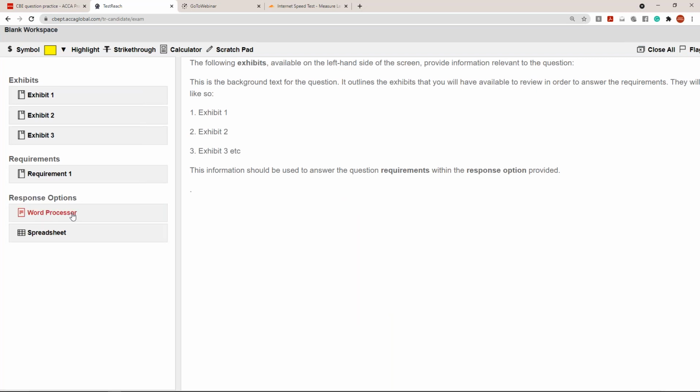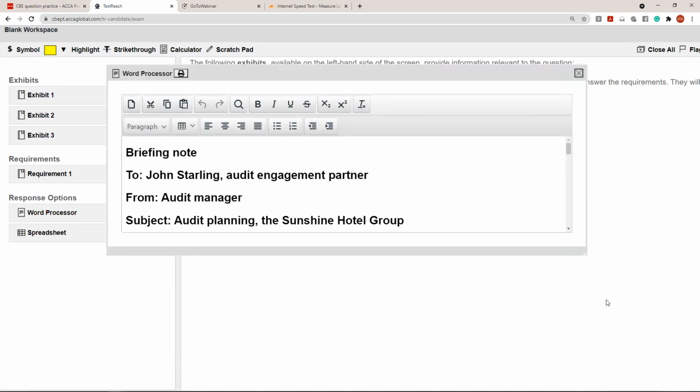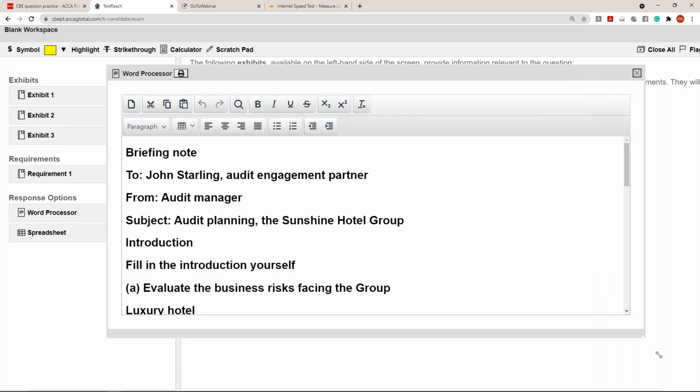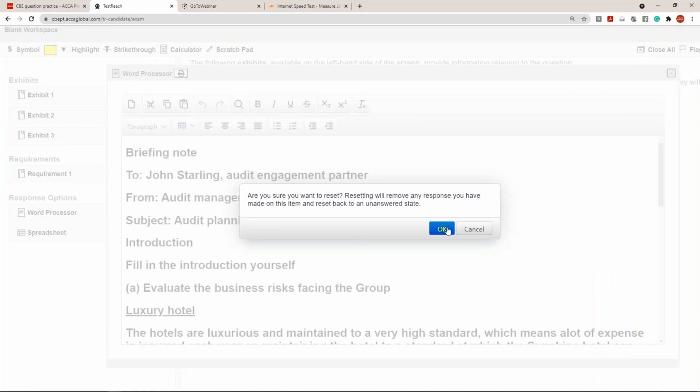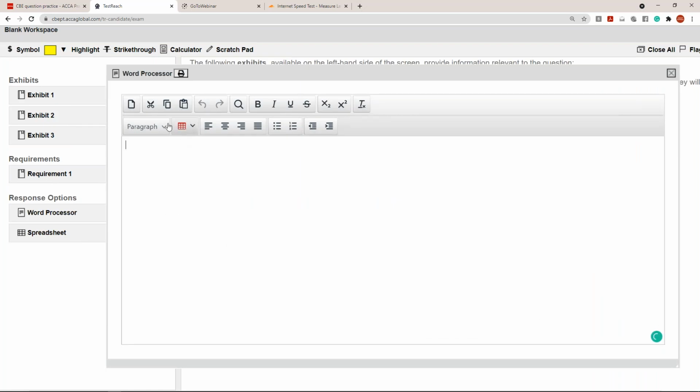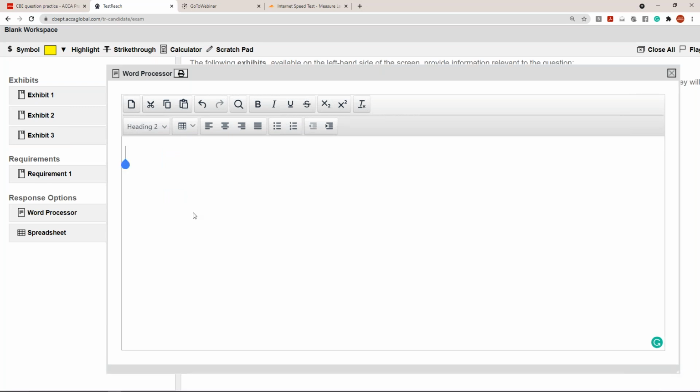I open the word processor, and whatever I had written in the previous webinar, I'm deleting that. I'll choose heading 2 so that you can see it very clearly. I need to make audit procedures on the government grant for 4 marks.